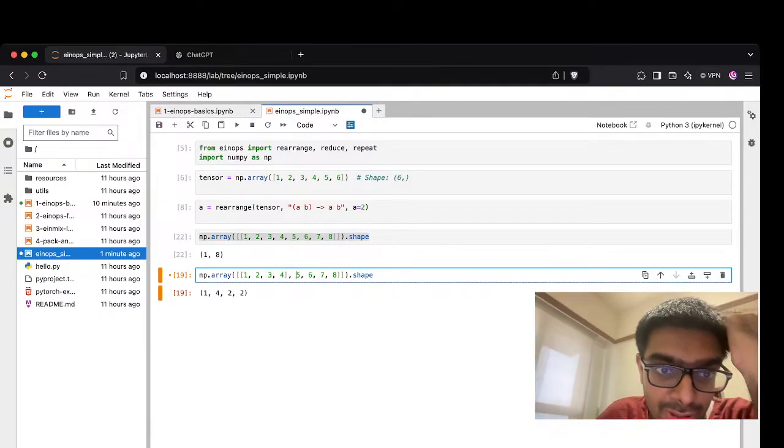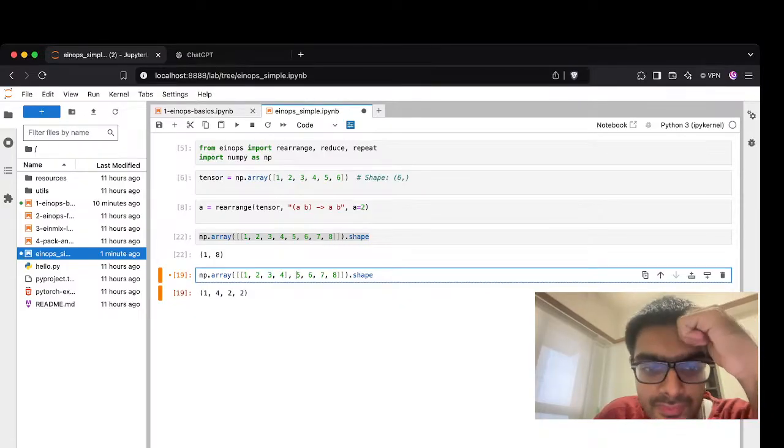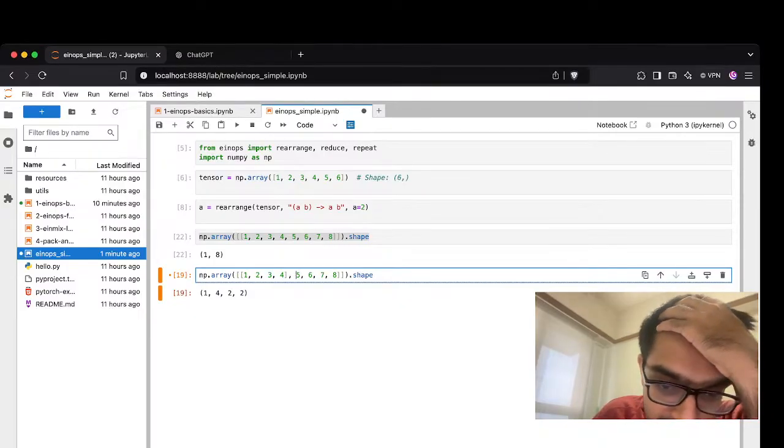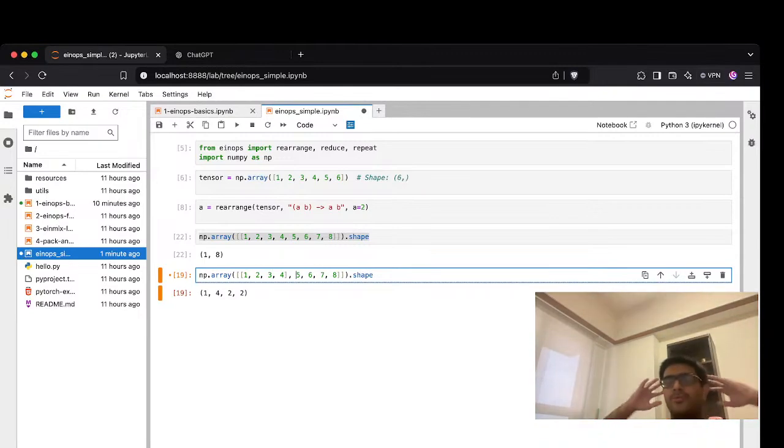So let's go back to the original Einops examples here. Composition of axes. Actually, I think decomposition is more interesting. What we're saying is that we have these 6 by whatever. So let's try and understand this question now. We're decomposing this 6 by this thing into 3 by 2.